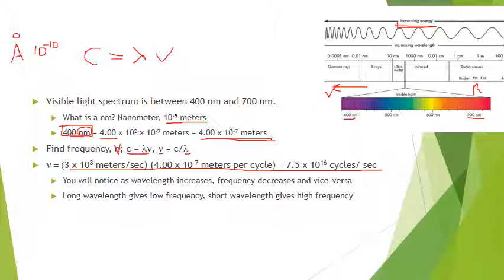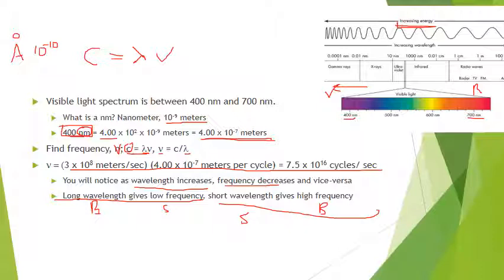One thing you'll notice is that because the speed of light is constant, if the wavelength goes up, the frequency goes down. And the other way is true as well. As the wavelength goes down, the frequency will go up. So a long wavelength will have low frequency, and a short wavelength will give a high frequency.